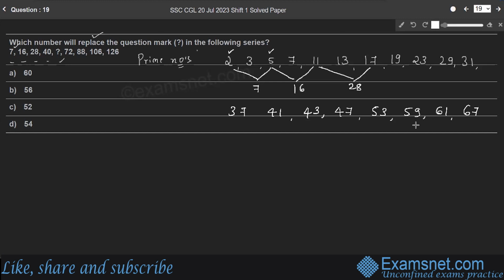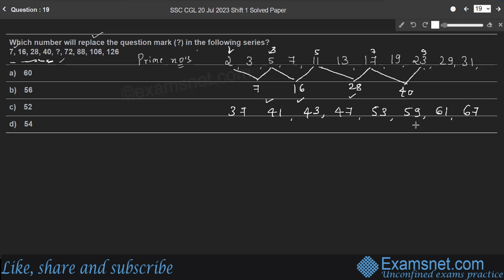So add alternate, odd-placed prime numbers, that means first, third, fifth, seventh, ninth, like that, starting from the first prime number. So 17 plus 23 is 40. So these are the 4 numbers given in the series: 7, 16, 28, 40.